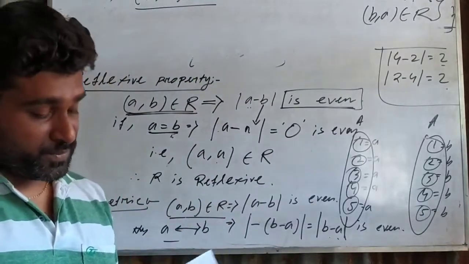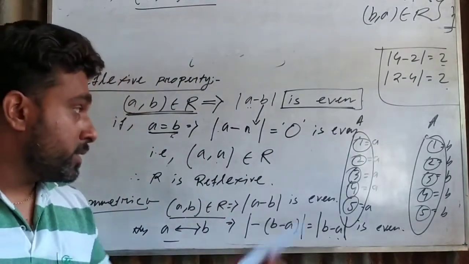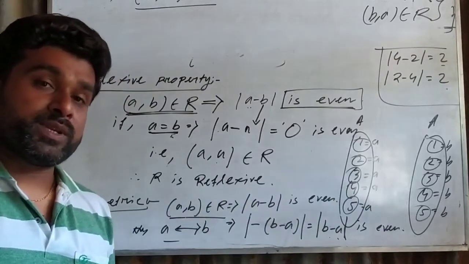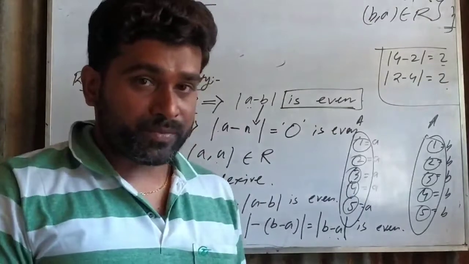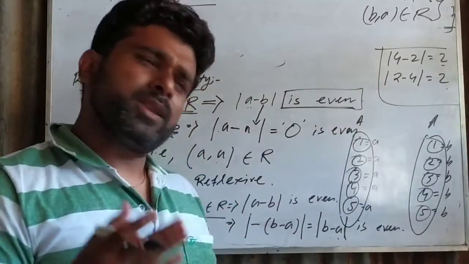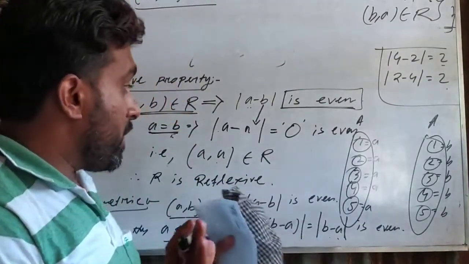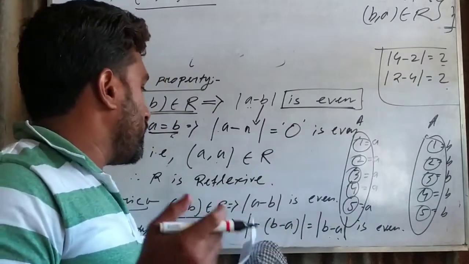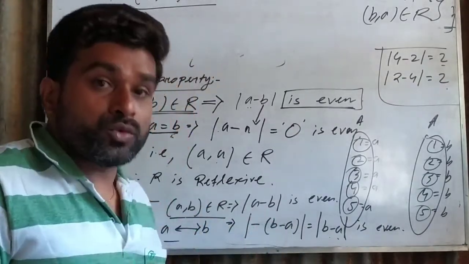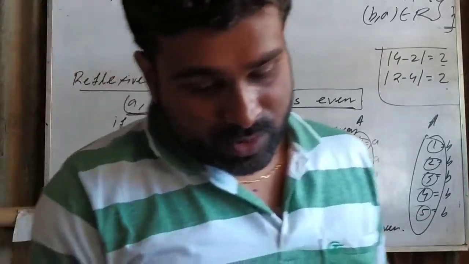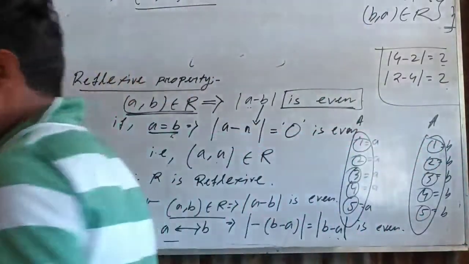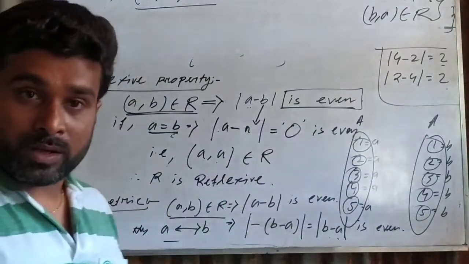You can verify these steps by choosing different values of a and b, because the set is given. You can verify whether I am telling the truth or not. It is not necessary that whatever I tell you should be accepted by everyone.